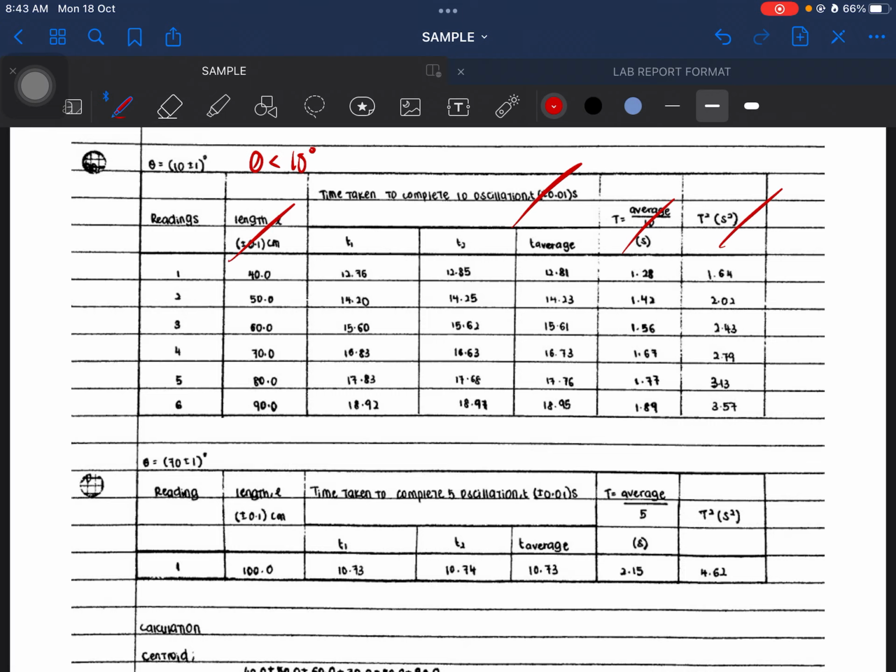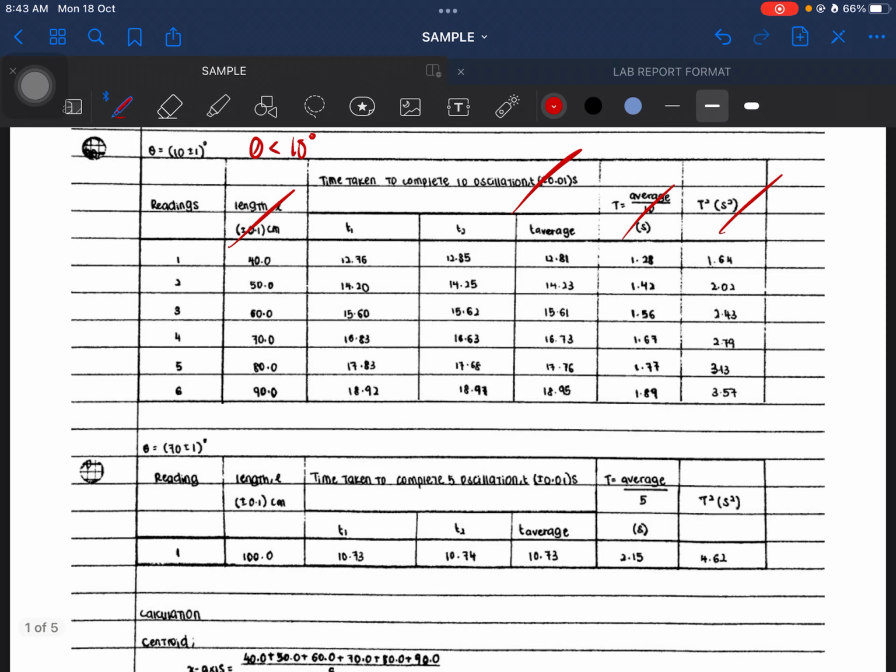You will be given marks there. If we look at the number of decimal points used, it is consistent. If it is consistent, we will give full marks for the data tabulation part.